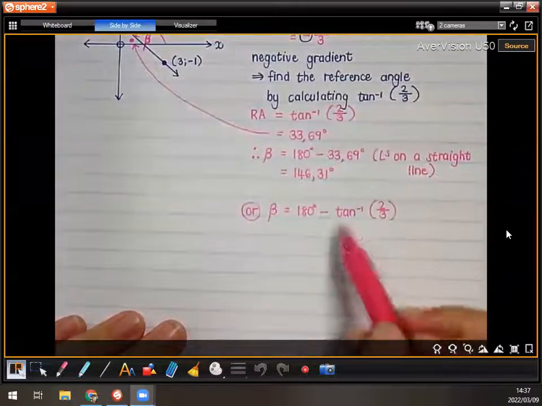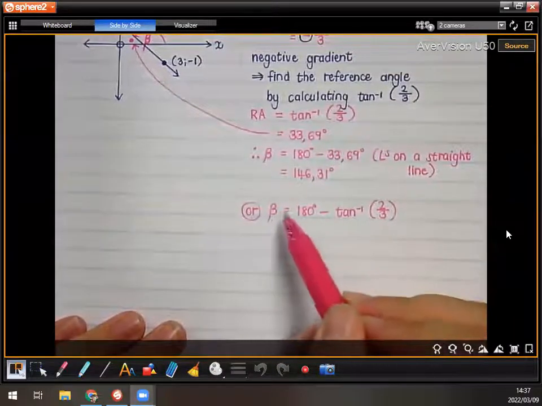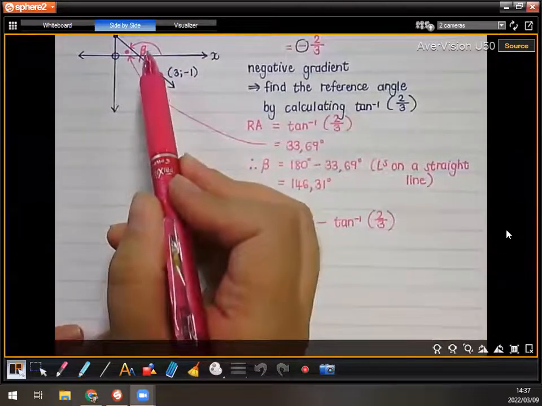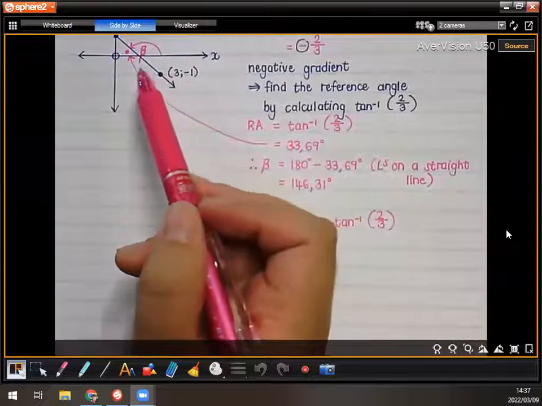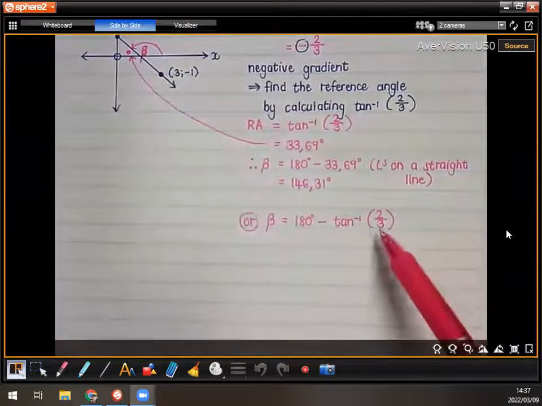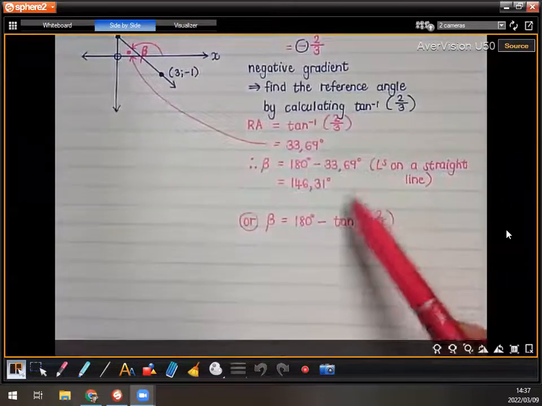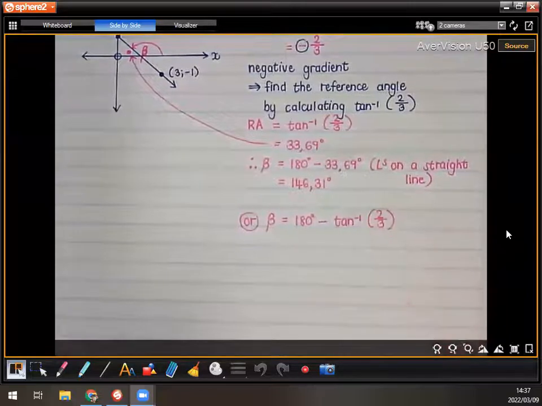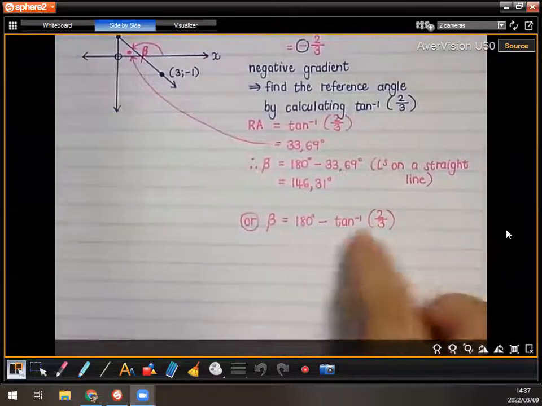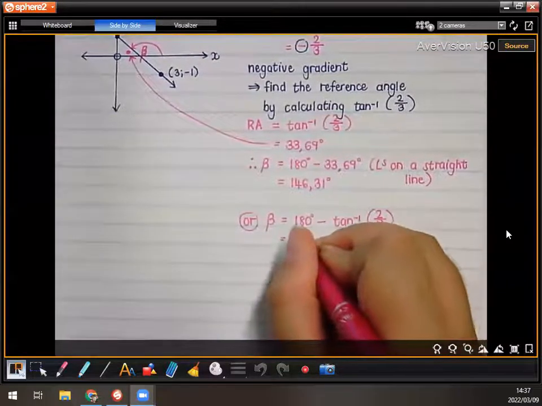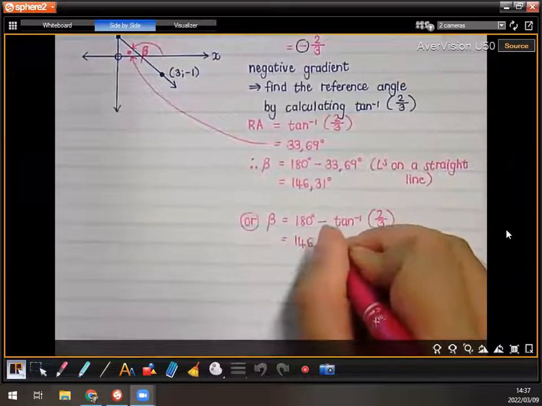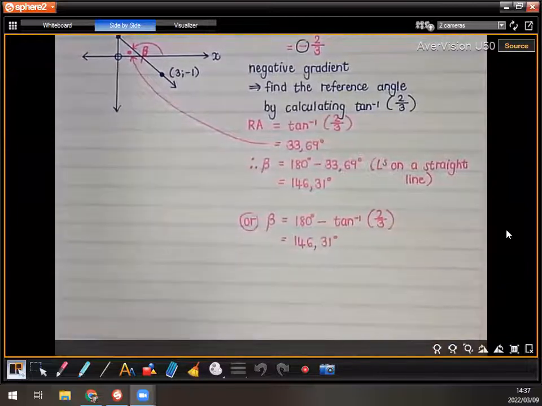But a few people prefer to just do it all in one step. If you see that it's an obtuse angle that you're finding, you know you're going to have to say 180 minus the reference angle always. So you can do it like that, 180 minus the reference angle, in one step. And then you can even type it into the calculator like this, and the answer will come up as 146,31.